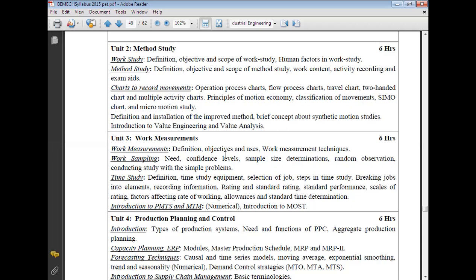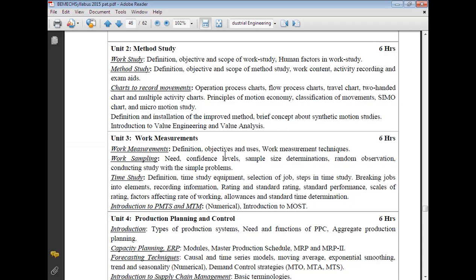Then work sampling. In the work sampling, we will see what is its need, its confidence level, sample size determinations, random observations which we had conducted. Then conducting study with the simple problems for the work sampling that we will be studying.